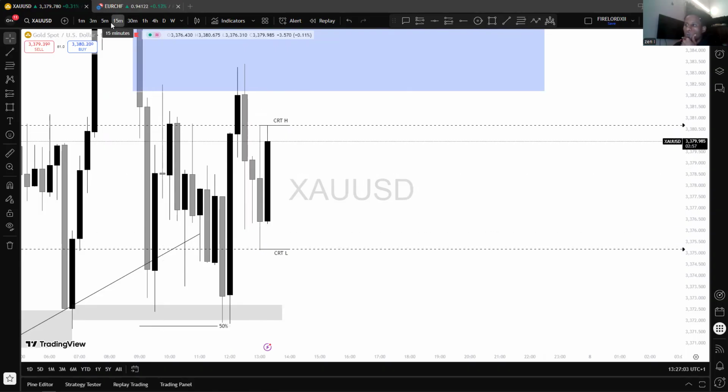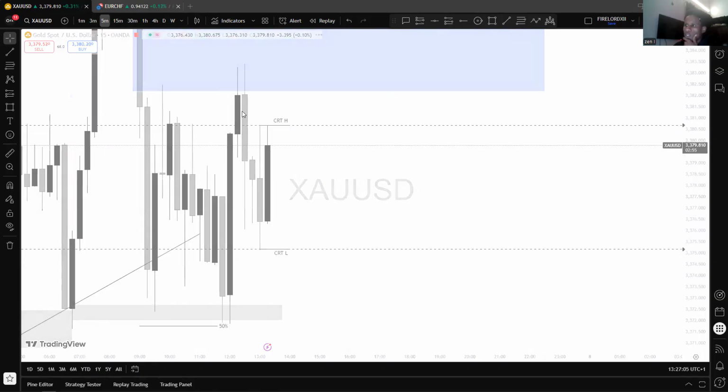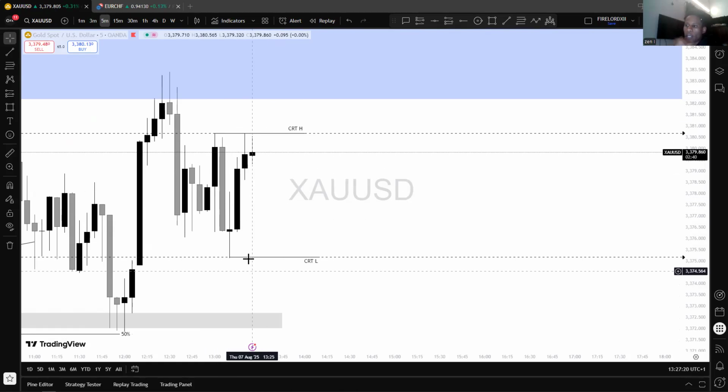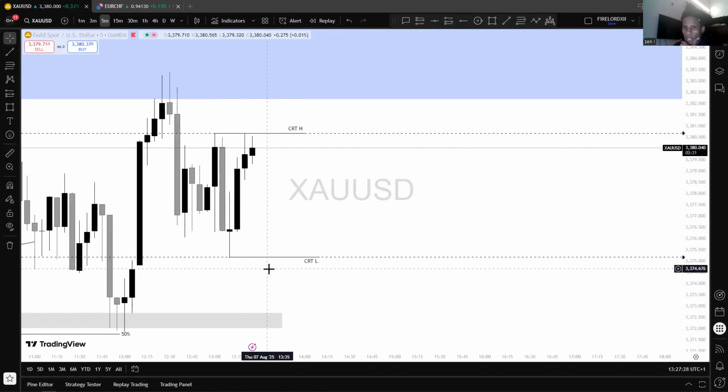Now I switch to 5 minutes. After marking the high and the low, I switch to the 5 minutes. Now I wait for price to break and close above either the high or the low, right?